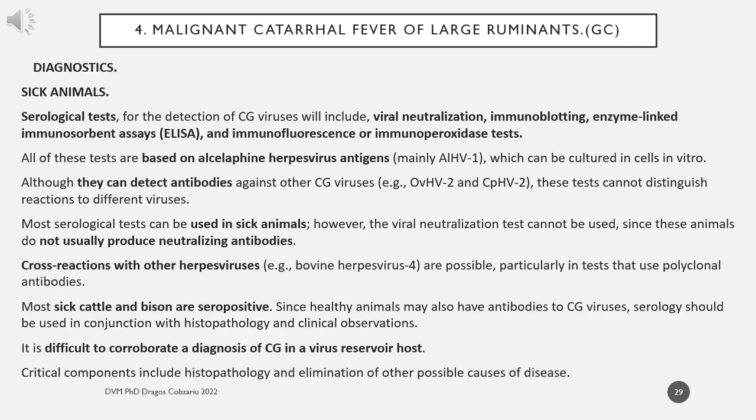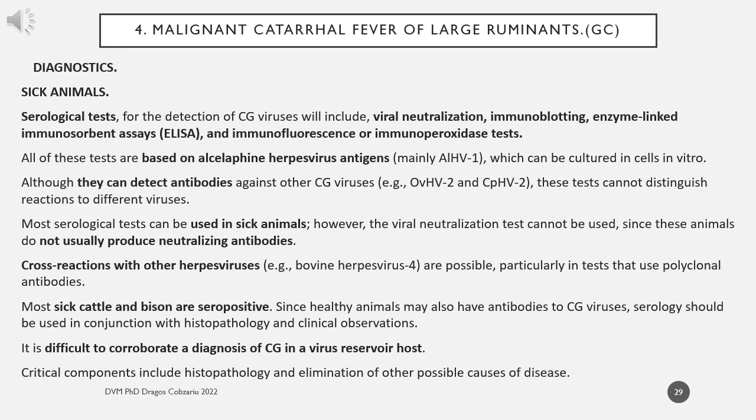Diagnostics. Sick animals. Serological tests for the detection of CG viruses include viral neutralization, immunoblotting, enzyme-linked immunosorbent assays, ELISA, and immunofluorescence or immunoperoxidase tests. All of these tests are based on Alcelaphine herpesvirus antigens, mainly AlHV-1, which can be cultured in cells in vitro.